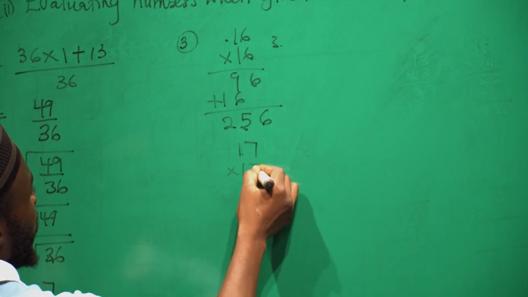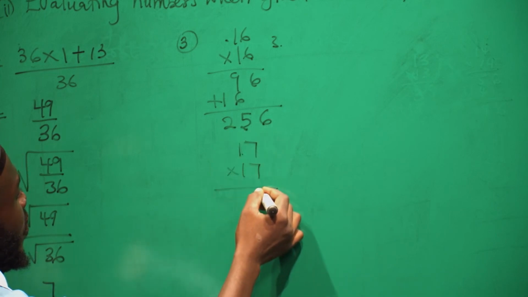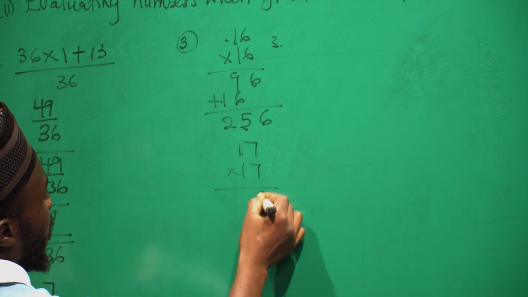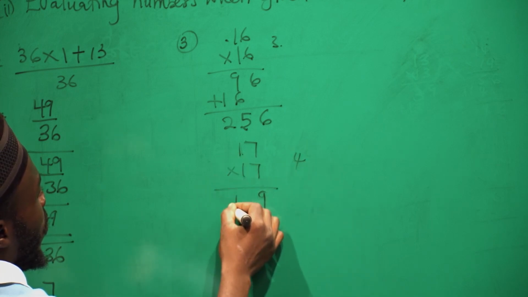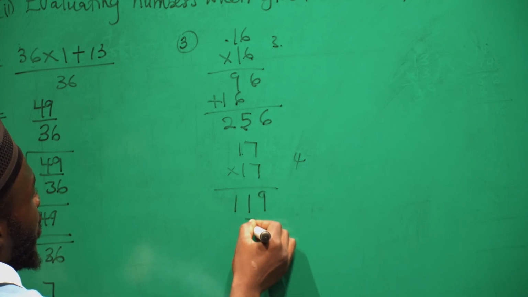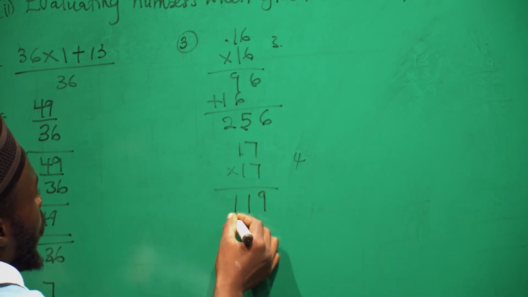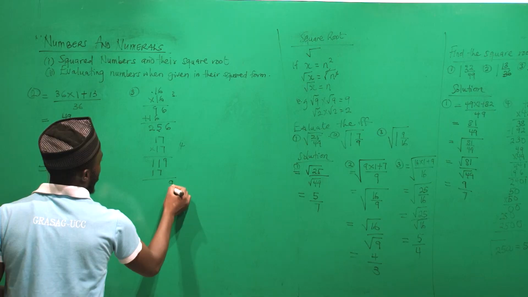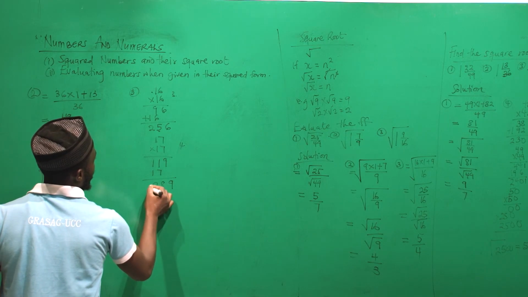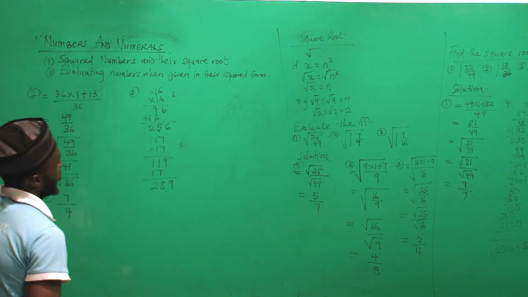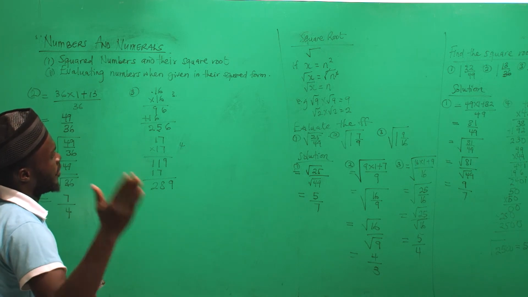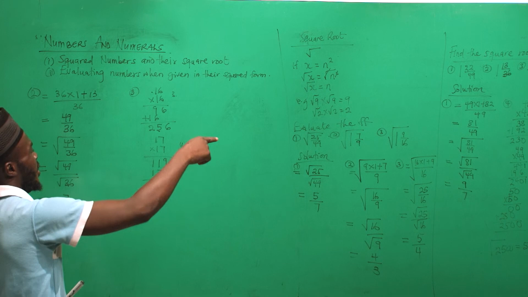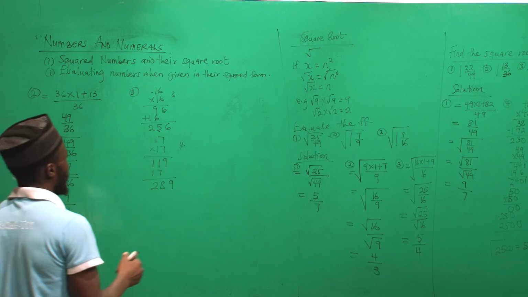So let's move to 17. So 17 times 17, 7 times 7 is 49, and so on. So I get 289. Okay, so let's go to 20. 20 squared was 400. It's more than 361, so come back 1. So let's take 19.